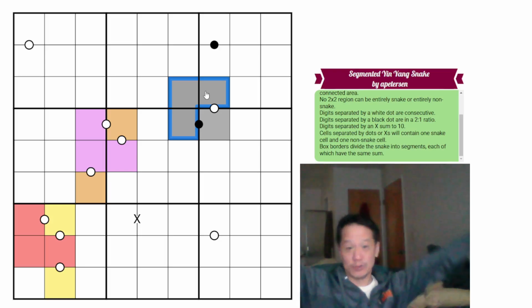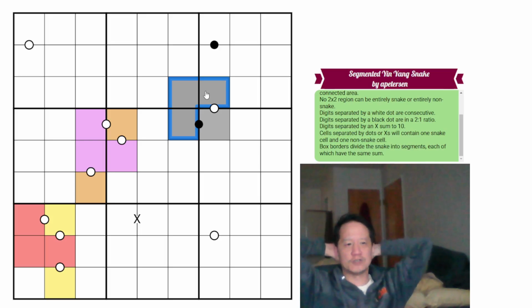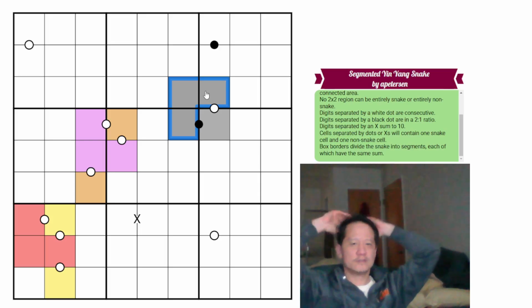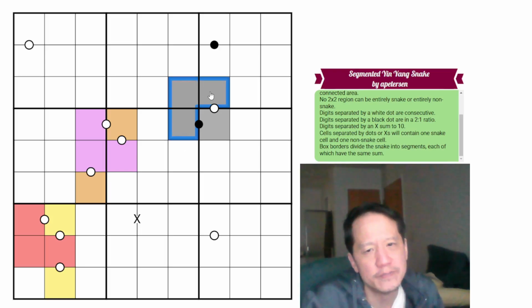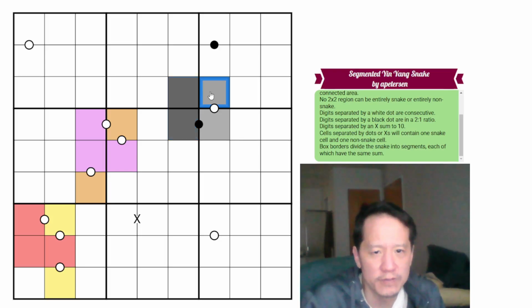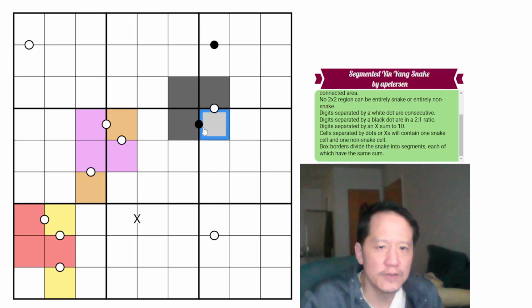It's possible, though. We just don't know. But this is rather unlikely. But we can't rule it out that this would still be the snake, right? Now, these are in a 1 to 2 ratio, but that's not that helpful.